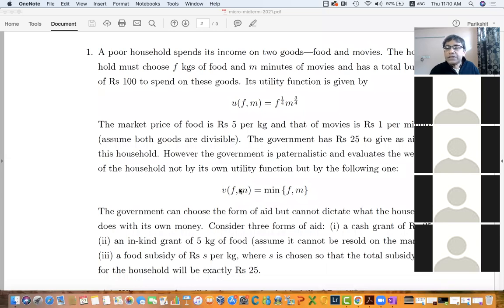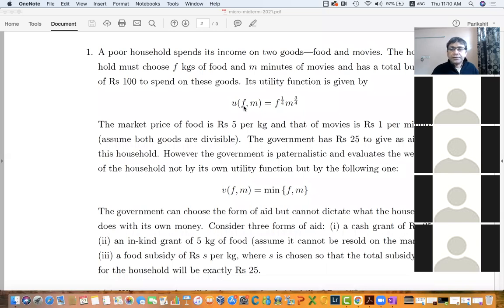This paternalistic utility function, but using the choices that the household itself will make, right? It's not like the government can now make the choices for the household based on this utility function. No, right? The values of F and M, based on which the government will evaluate its utility function, will be coming from the household's own voluntary choices.